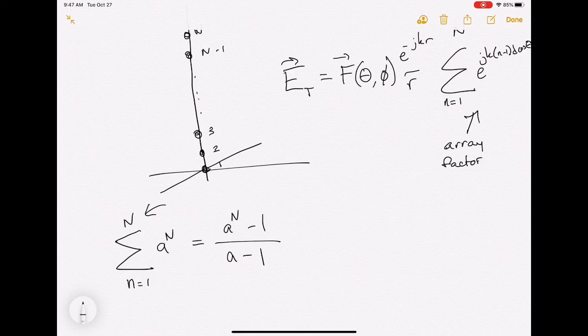That might not be super intuitive, but it works. You can prove it by long division. You can just say a to the N minus 1 divided by a minus 1, and what you get turns out to be, well, let's see this first.